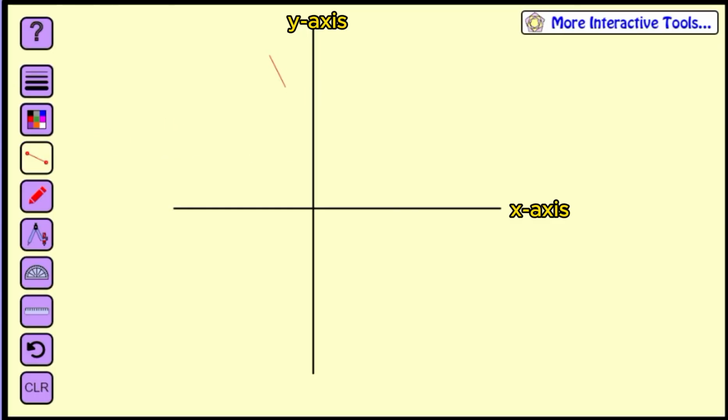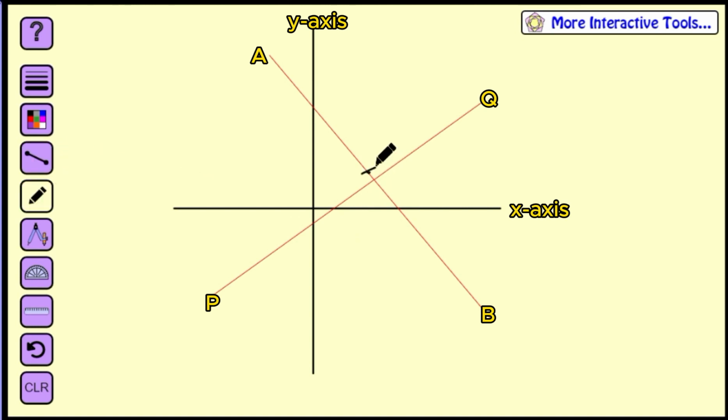Suppose we have the y-axis and the x-axis of a Cartesian plane. We have a line AB, and we also have a line PQ that is perpendicular to line AB. When it is perpendicular, it will make an angle of 90 degrees at the place they meet.